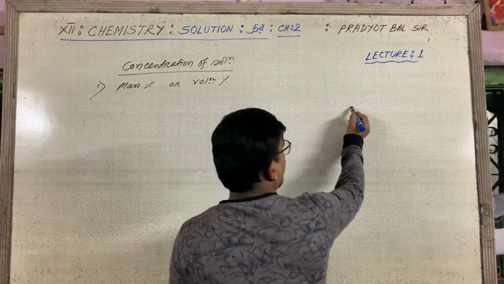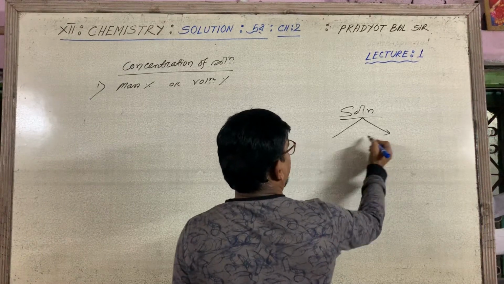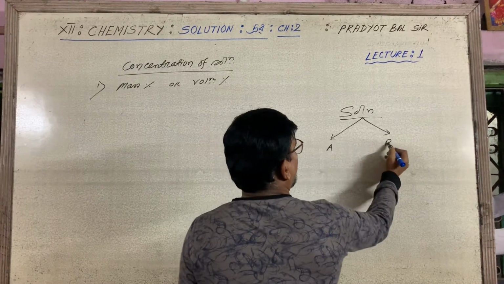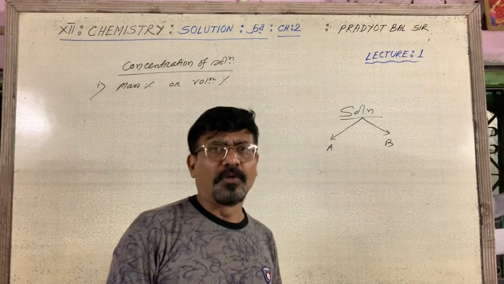Imagine there is a solution and that solution has 2 components, one A and one B. It is not needed which one is solute and which one is solvent.